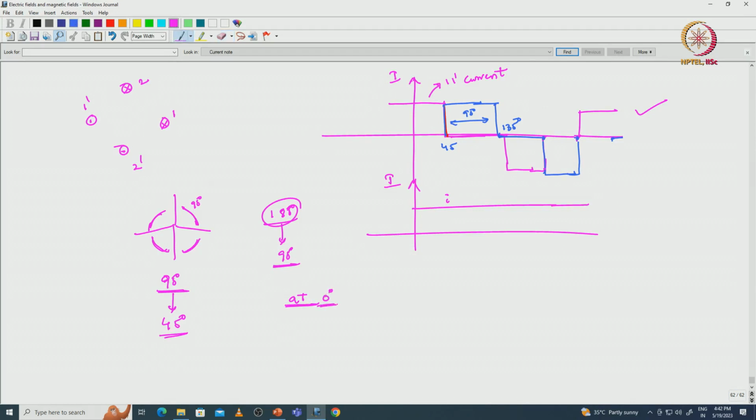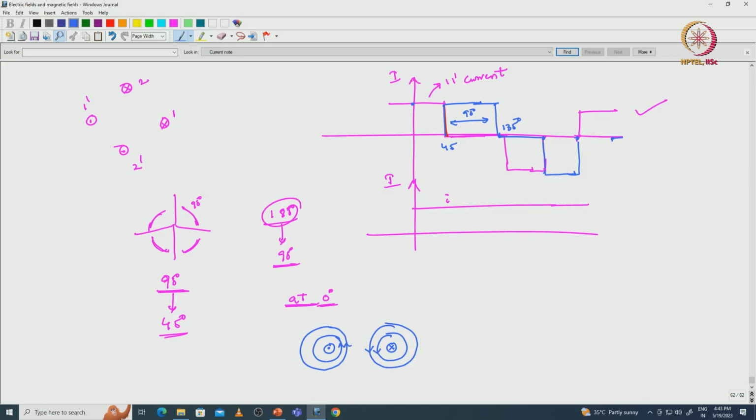So, at 0 degrees what kind of magnetic fields will be there, we will see now. At 0 degrees only 1 dash current is there in the circuit. That means this side cross and this side dot is there. So, the magnetic fields will be in this manner. Apply a simple thumb rule. With respect to the dot, we will see anti-clockwise. With respect to the cross, we will see the clockwise direction.